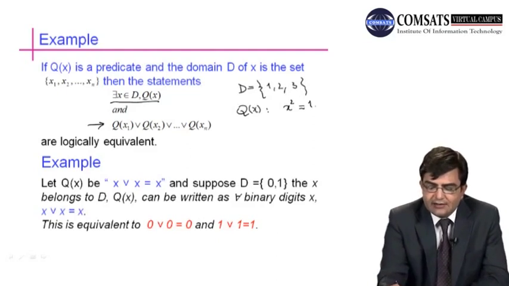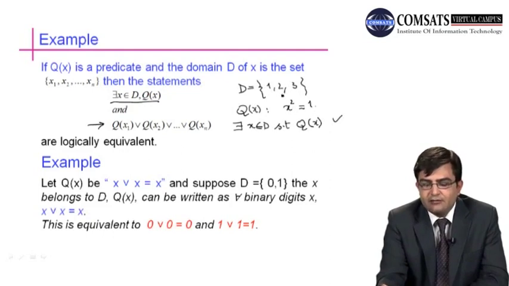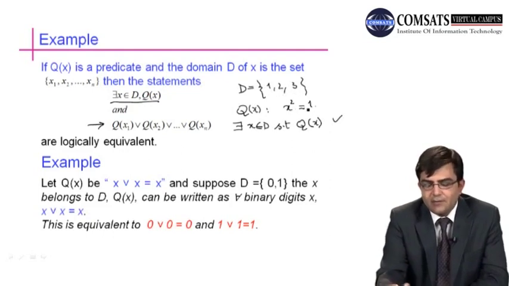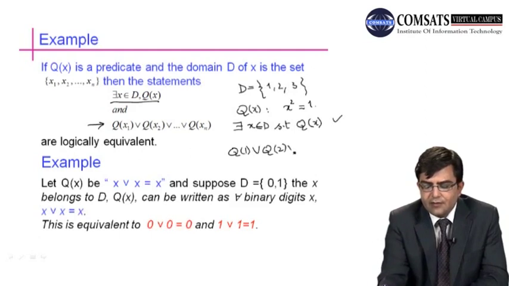Now there exists some x belongs to D such that Q of x is true. This statement is true because for 1 it is true, but for 2 and for 3 it is false. So we can write this statement equivalently as Q of 1 or Q of 2 or Q of 3.